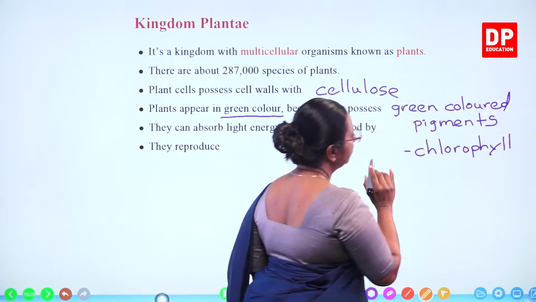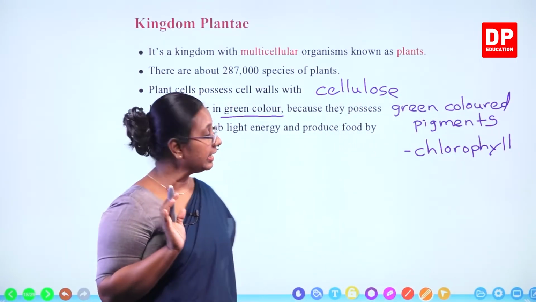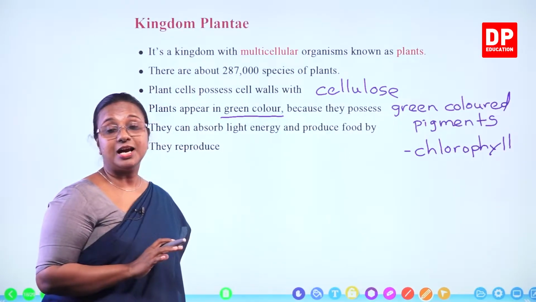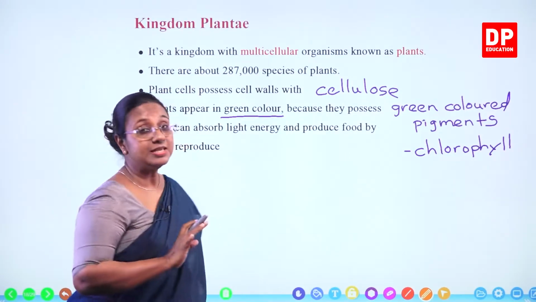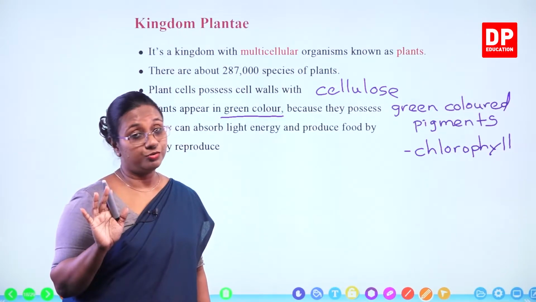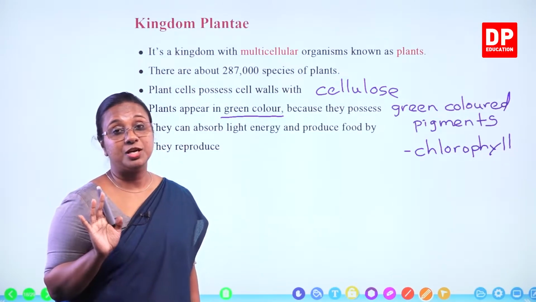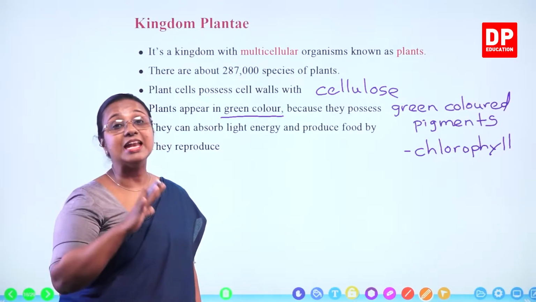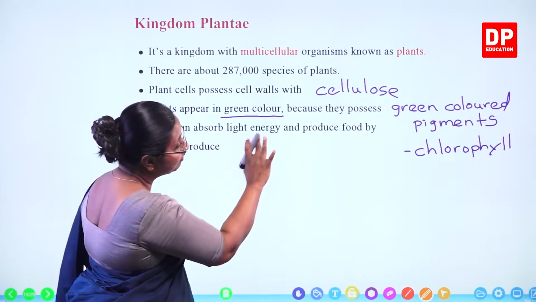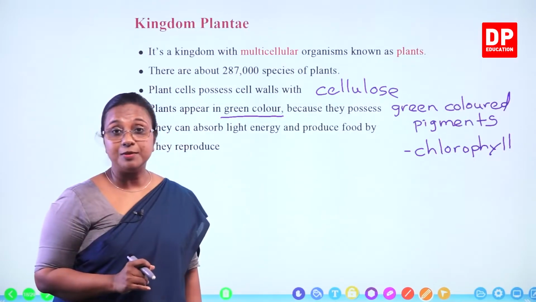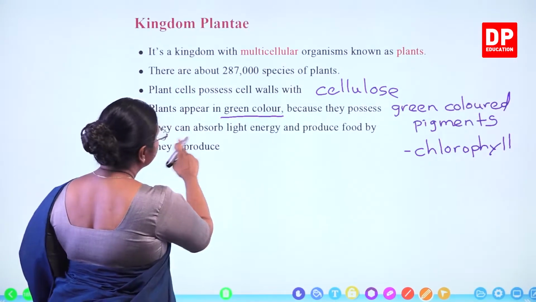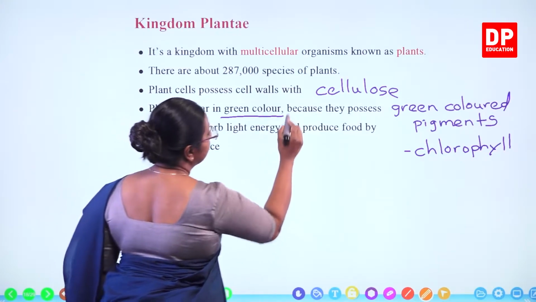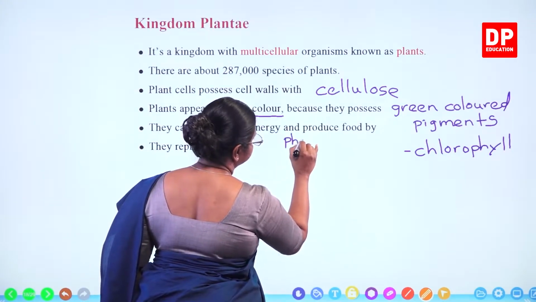So you all know chlorophyll is a pigment and they are green colored pigments. So because they have these green color pigments, like plants, even algae has chlorophyll. That also you have to remember. So photosynthesis is carried out by both green plants and algae because they both have the green color pigments, chlorophyll.